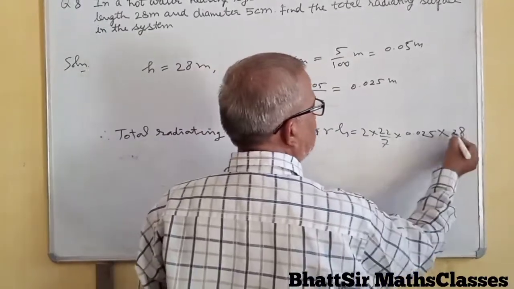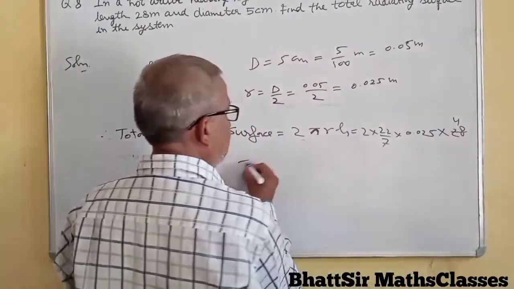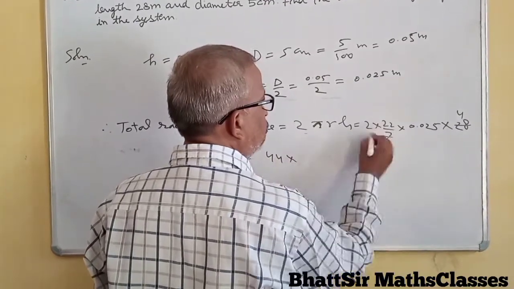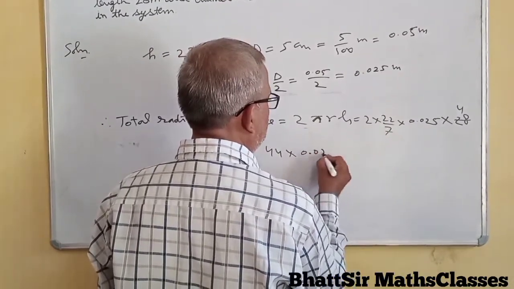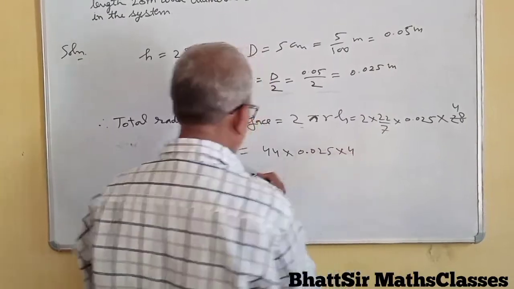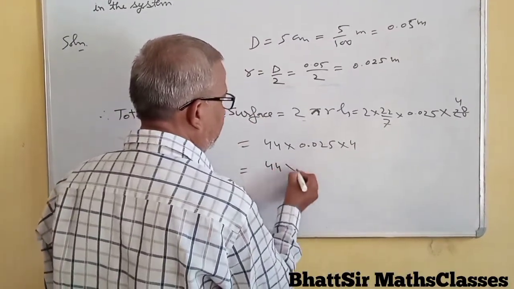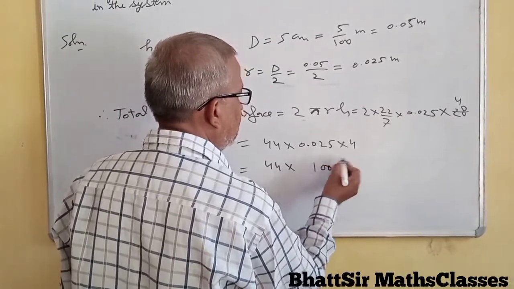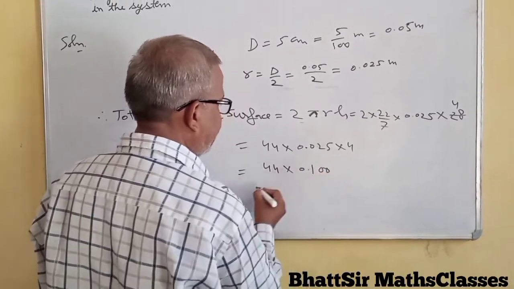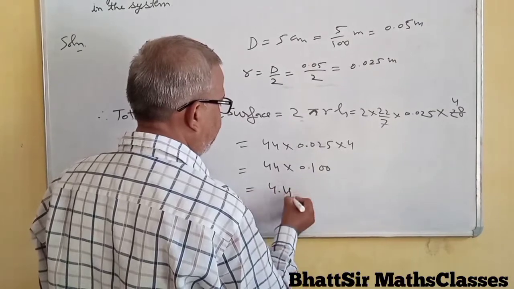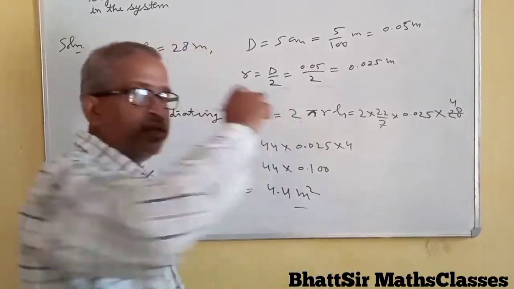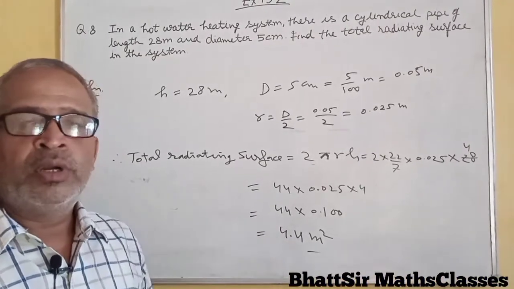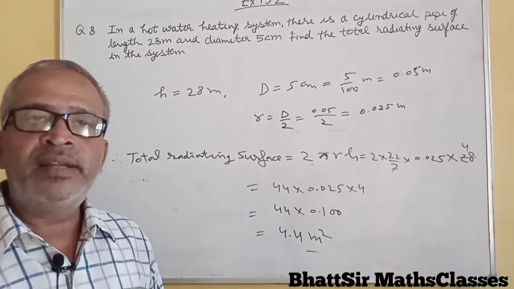Now 7 4 28 equal to 44. 22 44 into 0.025 into 4 equal to 44 into 25 4 100. 100, so equal to 4.4 meter square. So that is the answer. Note it down in the notebook. I will attend next question.